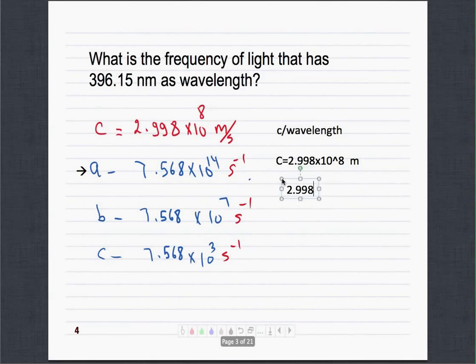Okay? So first of all, I have it in nanometer. If I put it in nanometer, I can't cancel. I can't be talking about meters and nanometers, so I have to convert from nanometer to meter. And we know that the conversion factor, so 396.15 nanometer, I know that the conversion factor is 10 to the minus 9 meter over 1 nanometer.